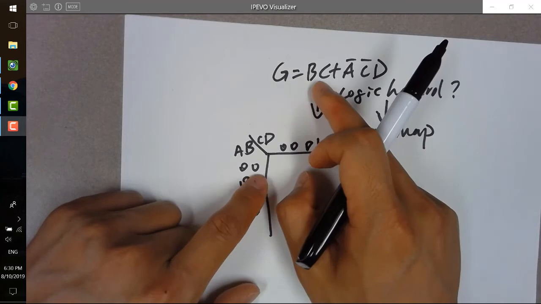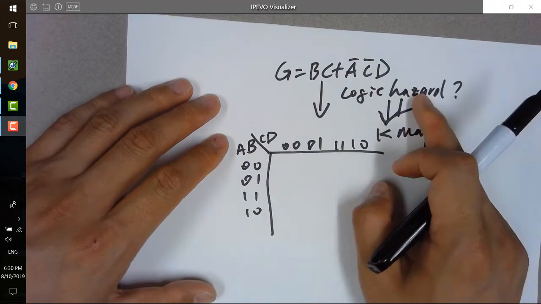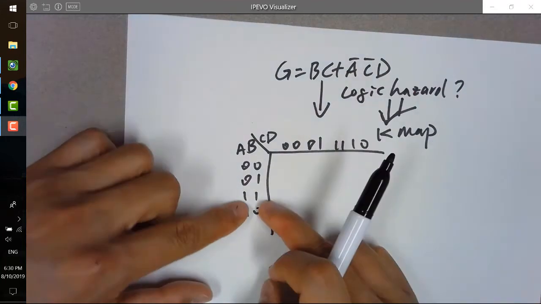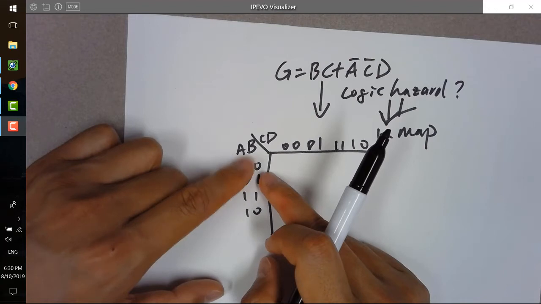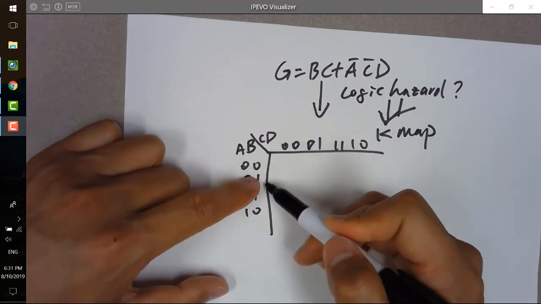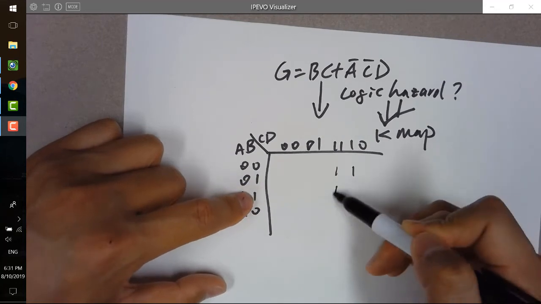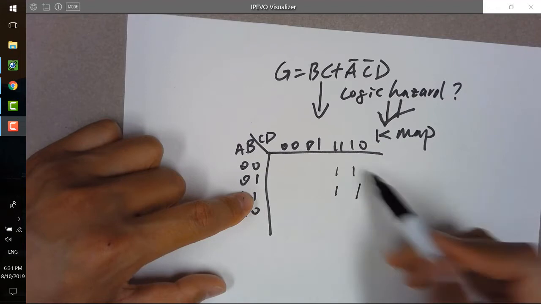So let's look at BC first. Whenever BC is 1, this entire thing will be 1 because it's our OR logic. So let's see which ones have BC to be 1. B and C have to be 1 at the same time. So B here, right? C, so you have 4. Both BCs are 1s.